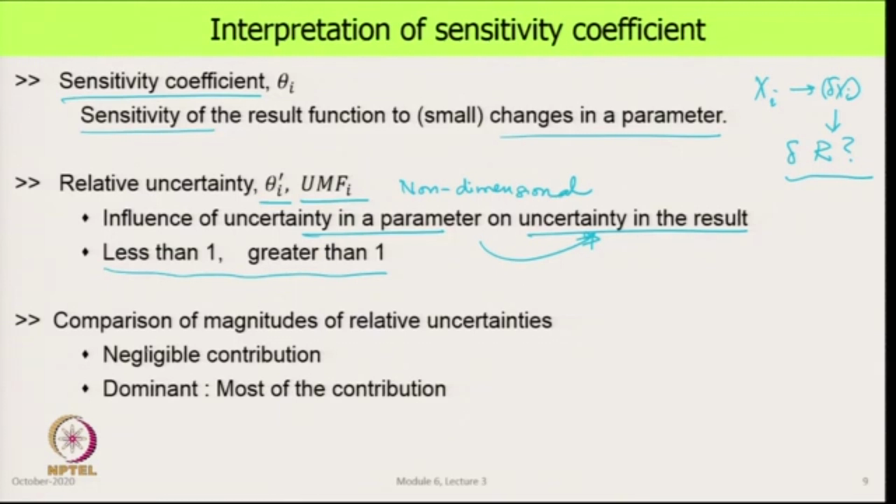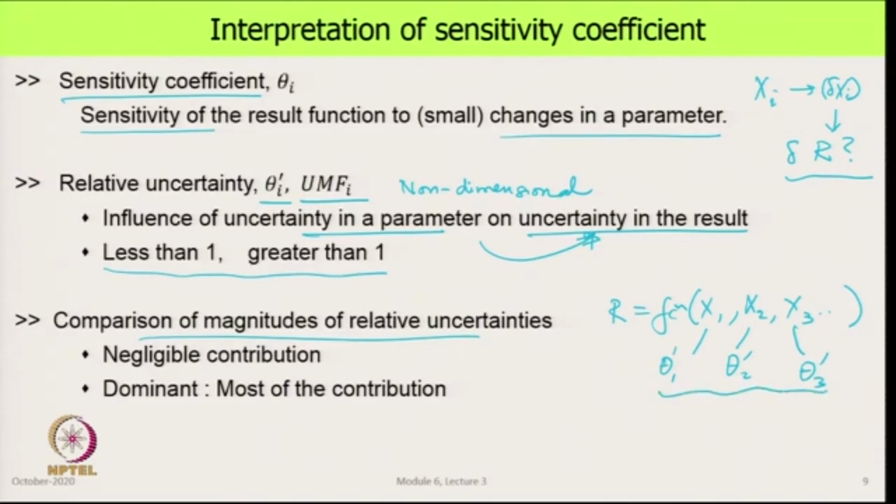The third thing that we have written here is that the result formula has many variables, let us say x1, x2, x3. For each of these we can get theta 1 prime, theta 2 prime and theta 3 prime. And these numbers tell us, just by looking at them, that some numbers are very small, some relatively large.